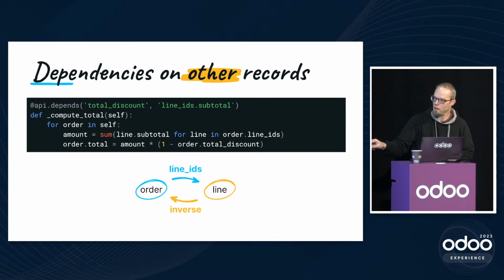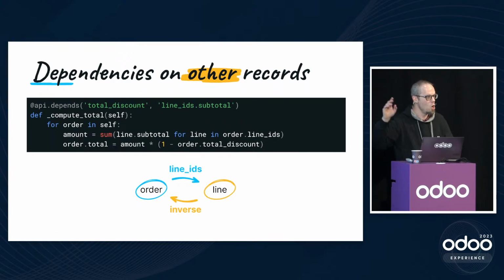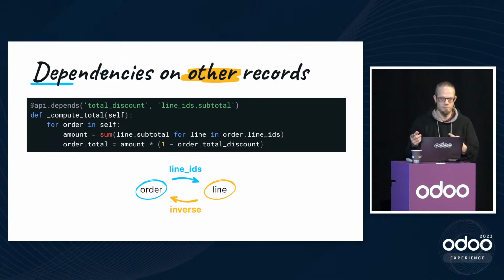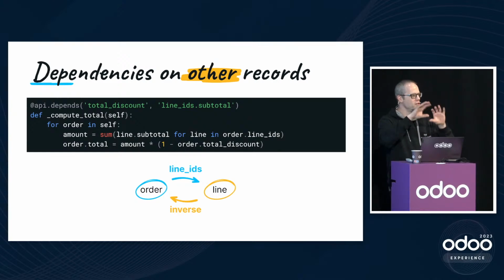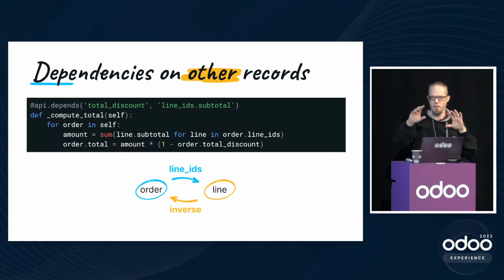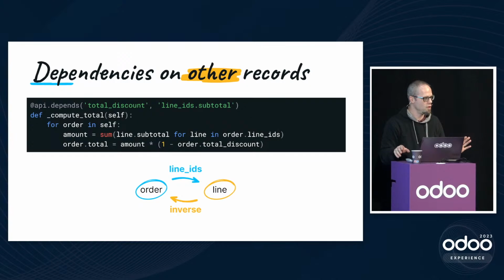So you essentially have to follow the inverse relation to figure out, if I modify a line, which sales orders are impacted. And of course, depending on the kind of relation, in this case, if you modify one line, you'll modify one sales order, because the line belongs to one sales order. But if you modify a record, you may have to recompute thousands of records, potentially. Okay? And the framework does that for you, automatically.